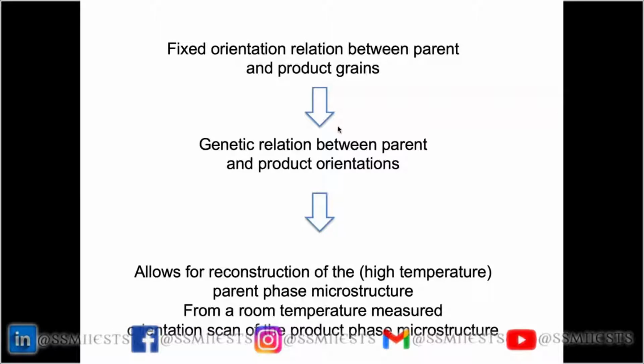This is possible. So this allows us to reconstruct the parent phase microstructure at high temperature from a room temperature measured orientation scan of the product microstructure, because in steel processing we have a huge difficulty that we have to address.